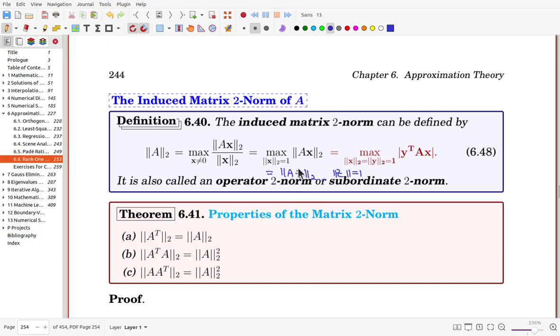When it is happening, z must be a unit vector, right?